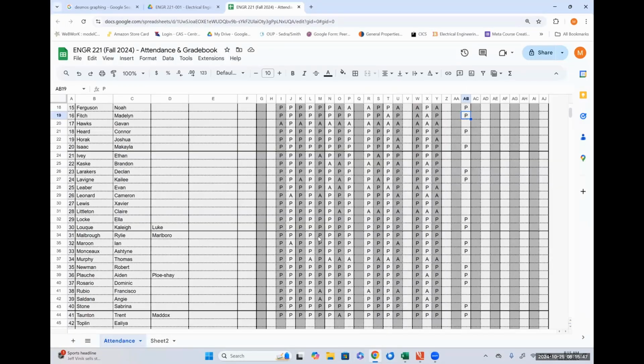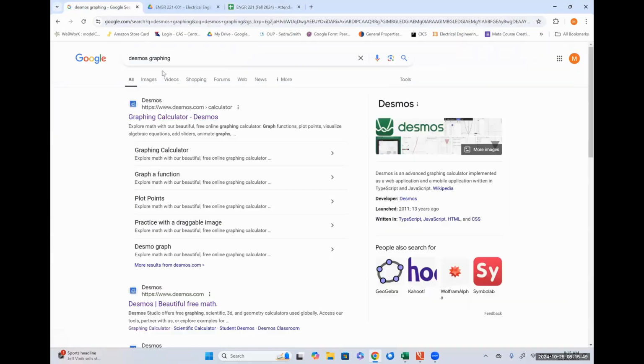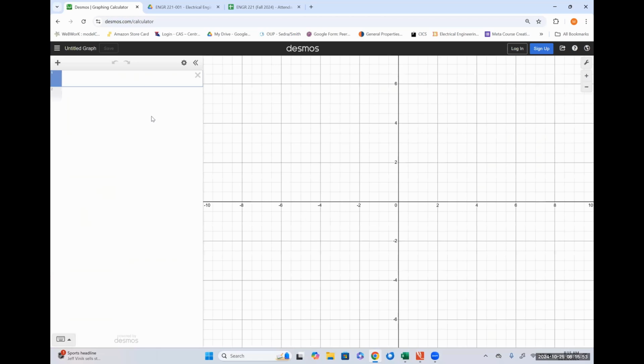So here we go. For my first signal, I don't have caps lock on, sorry. V1 of x, that was 30 cosine 8t, and, oh, excuse me, 8x.